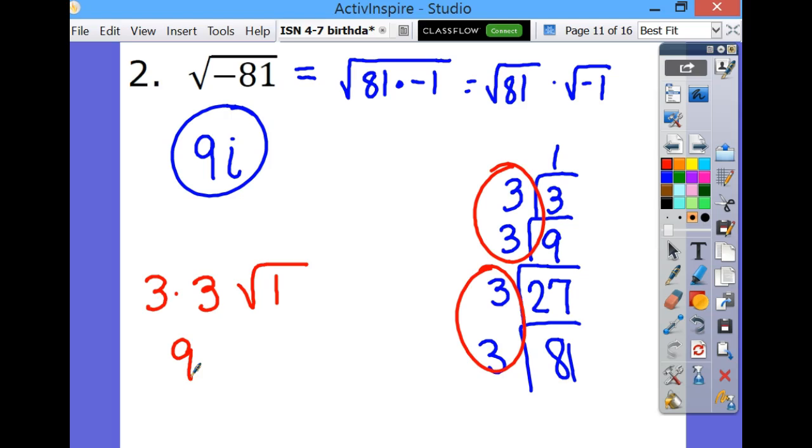What is the square root of 1? Do not tell me that the answer is 9 square roots of 1, because 1 is a perfect square number. That is the same as saying 9 times 1. What's that equal to? The 9 that we already came up with, and that was for the 81. And then where did the i come from? From the minus sign, the negative sign, I should say.